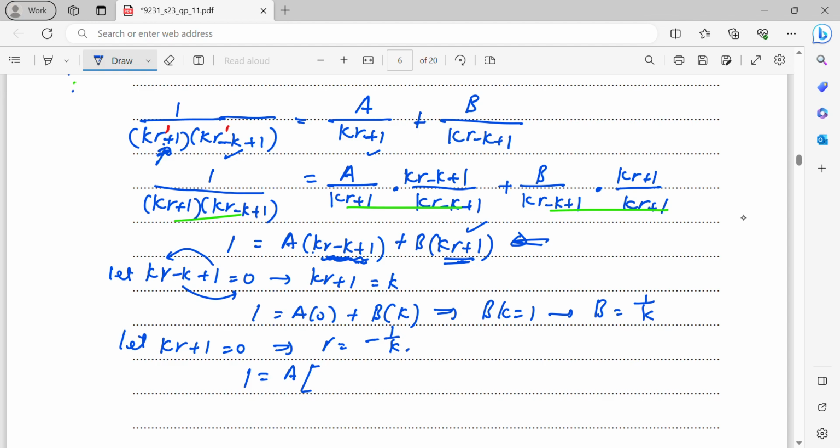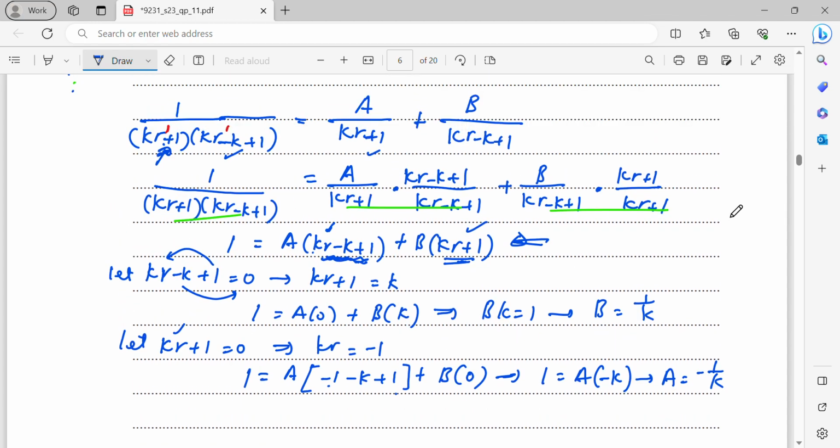Basically from the previous step, I can just find kr instead of just r, so I keep the kr. So kr equals minus 1, which means here is going to be minus 1. So minus 1 minus k plus 1, then plus b bracket 0. So minus 1 plus 1 will be 0. That means I will get 1 equals a bracket minus k, which means my a is basically negative 1 over k.